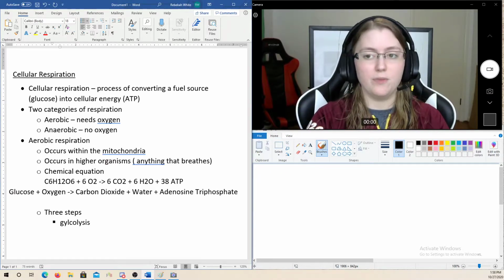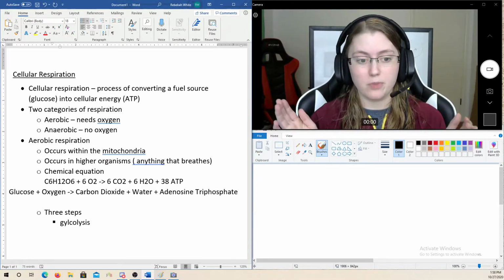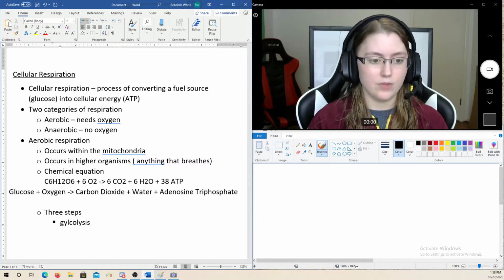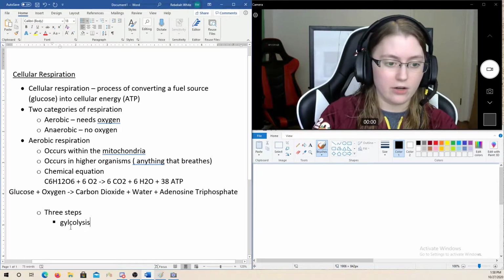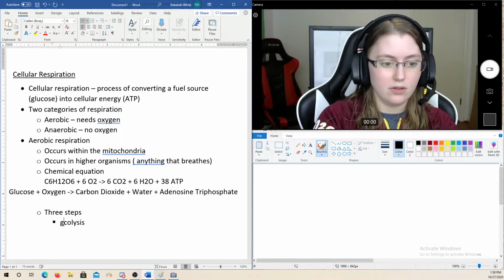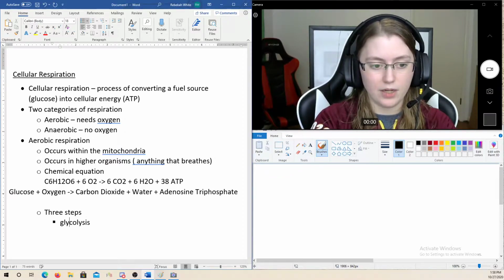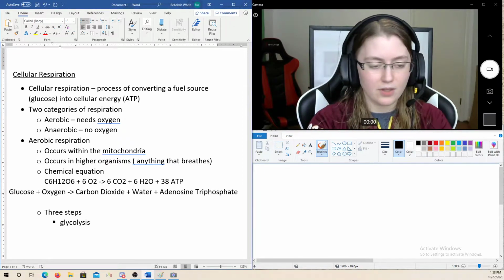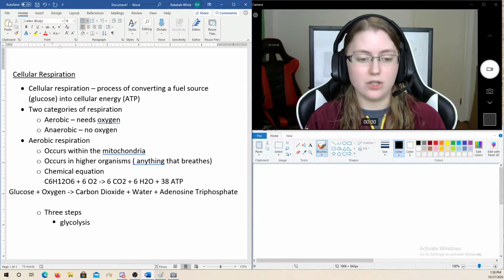Glycolysis is going to be the splitting of the glucose molecule. So that glyco prefix, you might remember it from glycogen. So glyco relates to glucose.